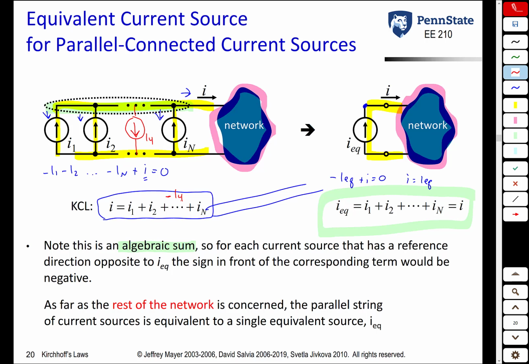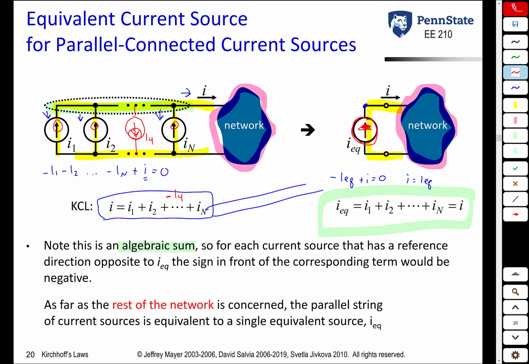So when you find the equivalent current source, you basically arbitrarily give an orientation to your current source, and then you look at the individual current sources and see whether they have the same orientation or the opposite orientation, and that dictates whether you have a plus or a minus sign.